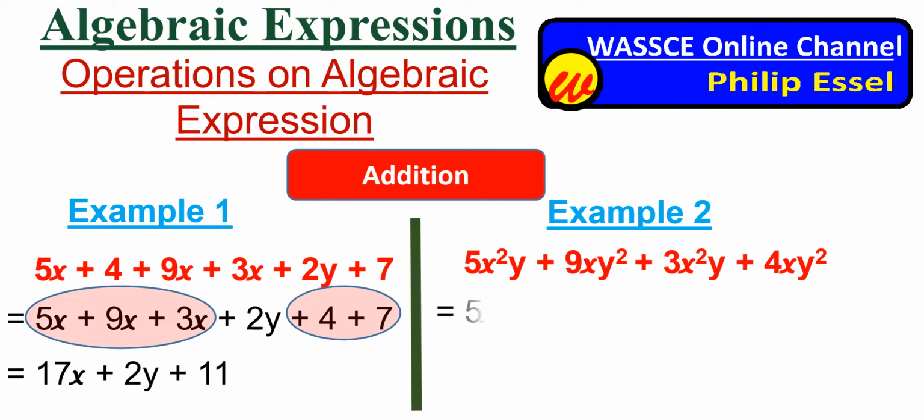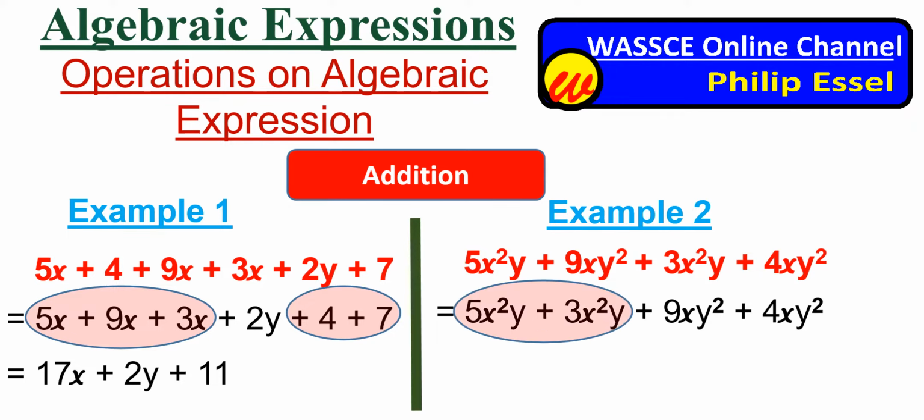When we do this, we would get 5x squared y plus 3x squared y plus 9xy squared plus 4xy squared. After doing this, you realize that the terms 5x squared y plus 3x squared y are alike, so they are like terms.